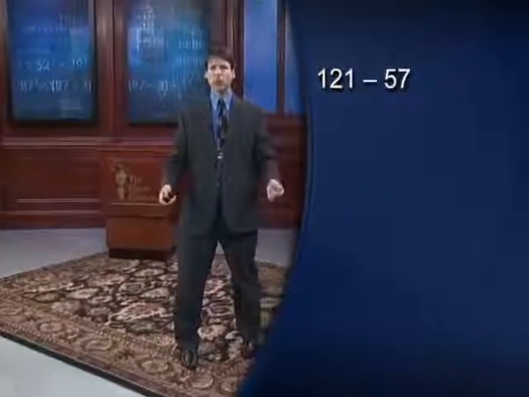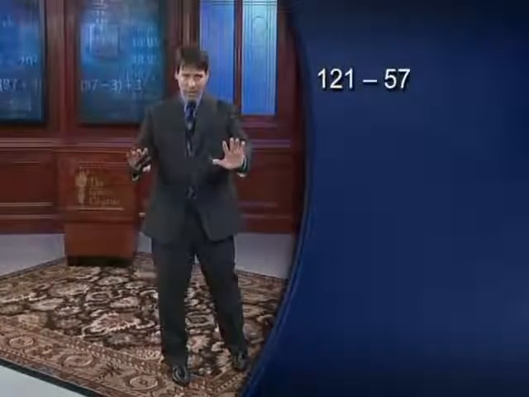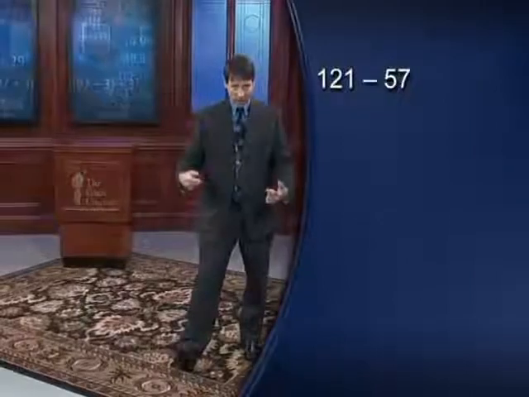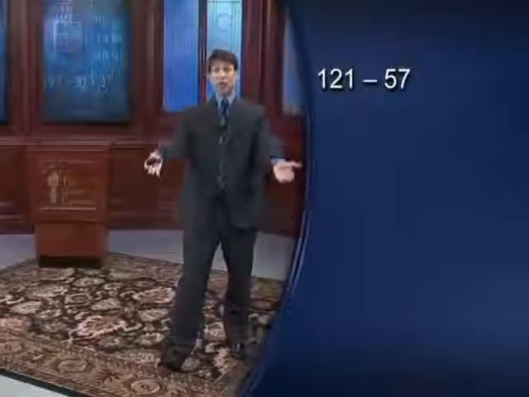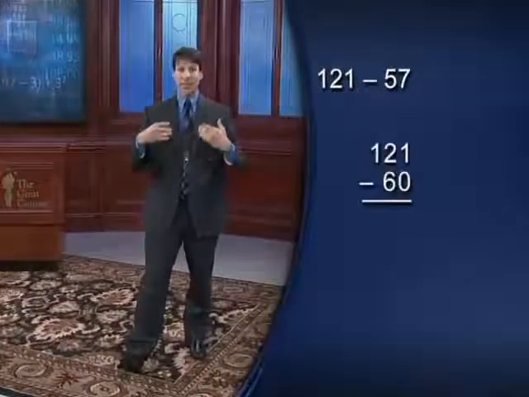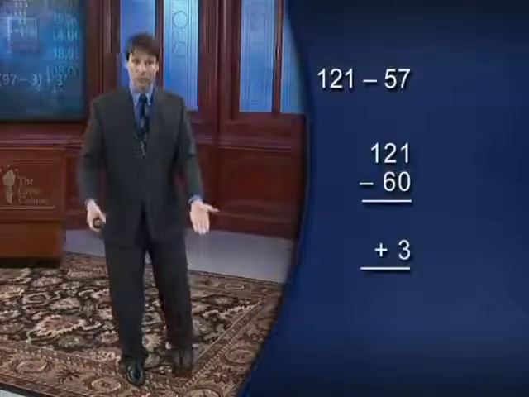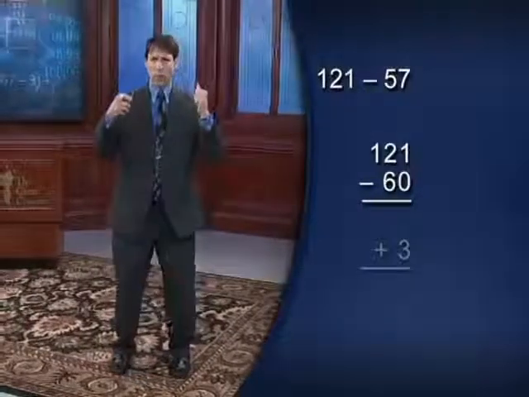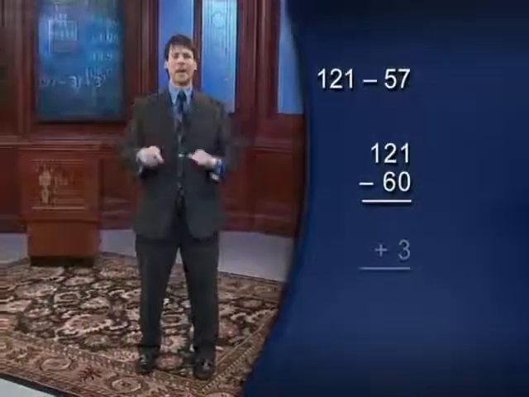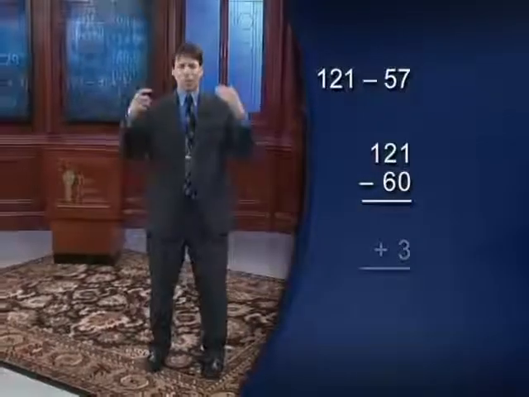Here, you try the problem 121 minus 57. What's our strategy? To subtract 57, let's subtract 60, then add back 3. Okay, so we start by doing 121 minus 60.